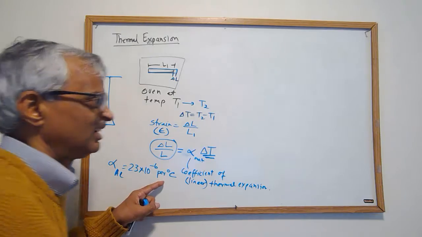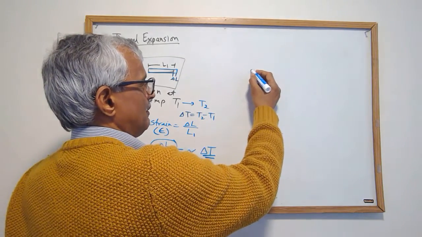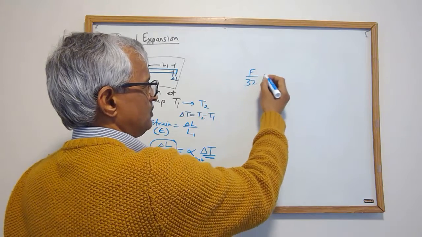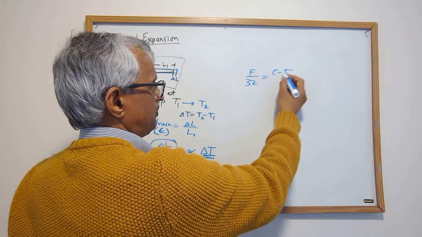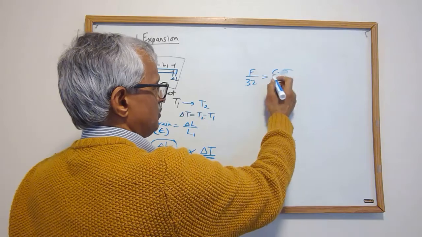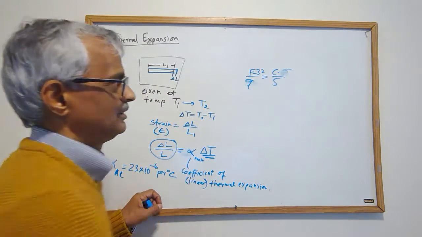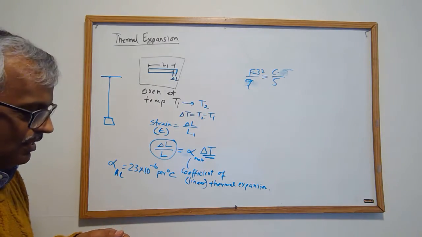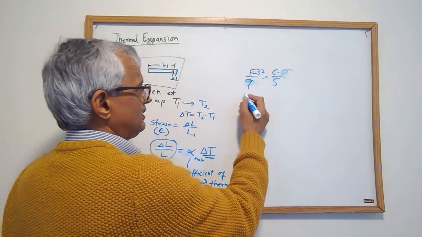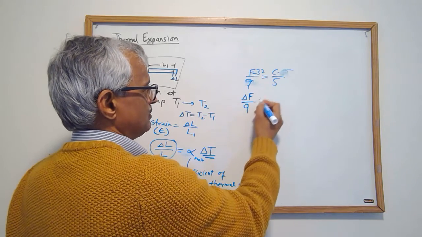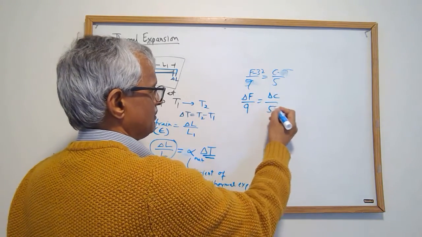Well, if you remember, F minus 32 over 9 is C over 5. So remember that. Then delta F over 9 will be equal to delta C over 5.